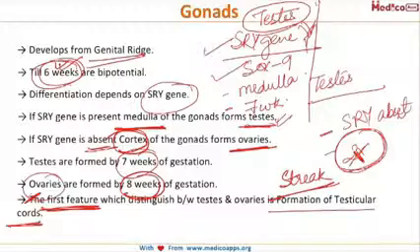Likewise, if the Y chromosome is absent, so the SRY gene will be absent, and both the X chromosomes are present, and RSPO1 and WNT4 genes are present, then at 8 weeks of gestation, the cortex of these gonads develops into ovaries.